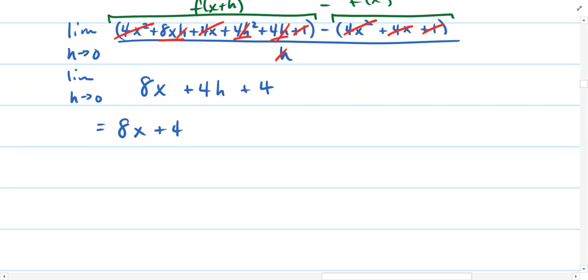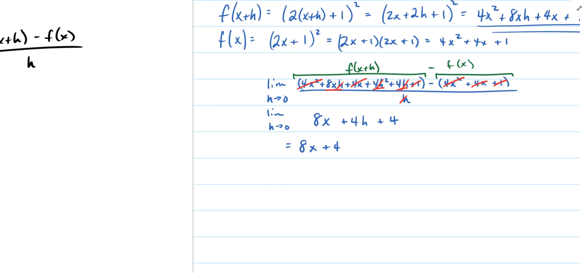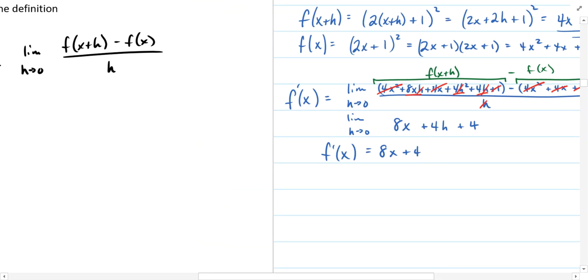And we may have lost sight of this, but the whole reason why we were using this technique is because we're now claiming that the derivative of f of x is equal to 8x plus 4.